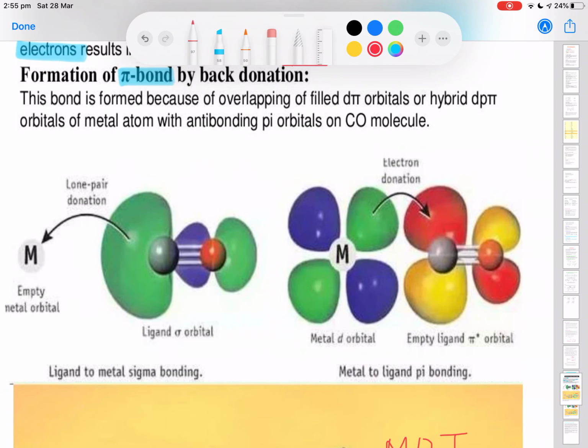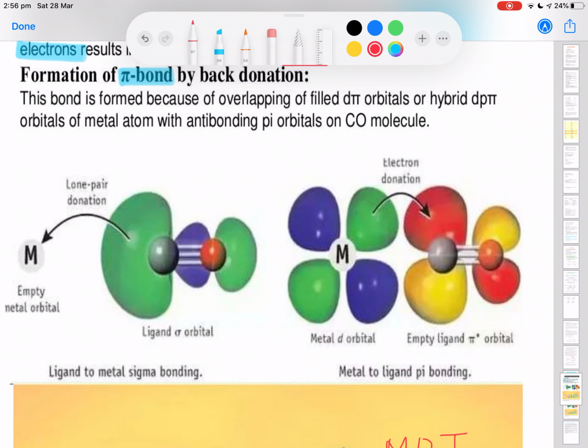So what happens, there are also the filled electrons in the central metal atom, that's the d orbital. We have already understood the process of hybridization in case of metal complexes, particularly metal carbonyls as well, with the help of valence bond theory. According to that theory, how the pairing occurs or doesn't occur will decide the number of electrons sitting in the d orbital of the central metal atom.